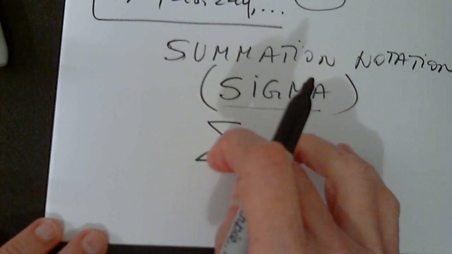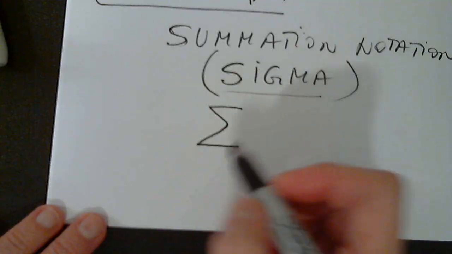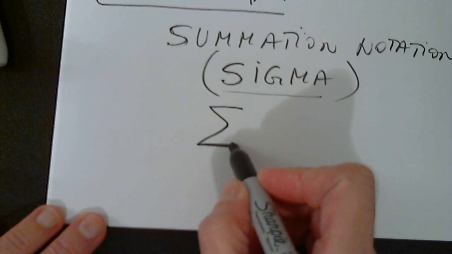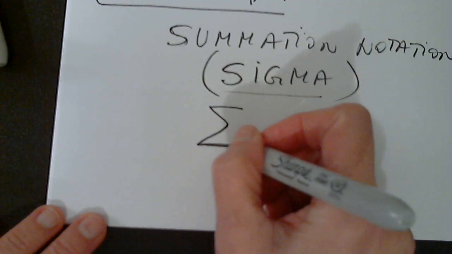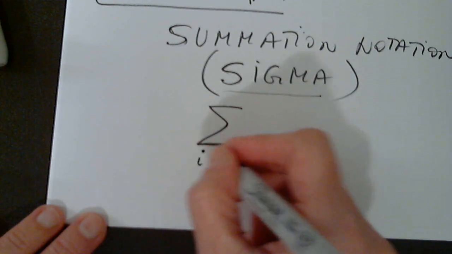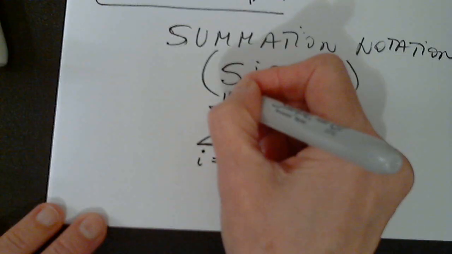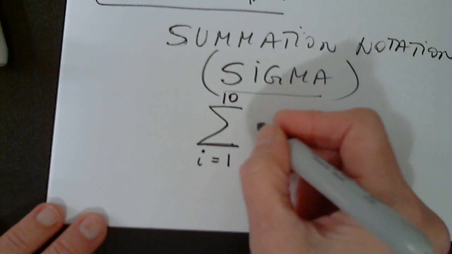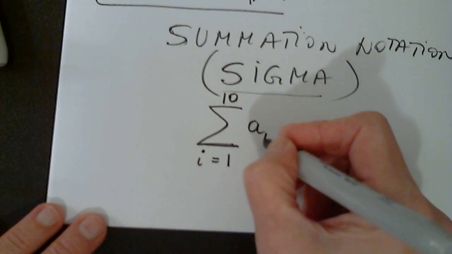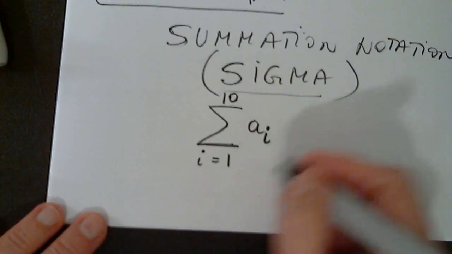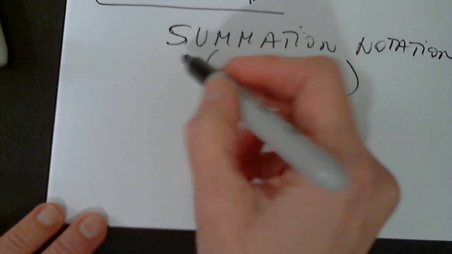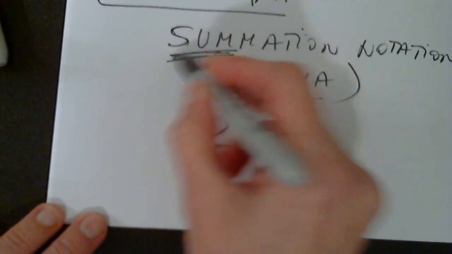Why is this convenient? Because it has a big base, and I can say from i equals 1 to 10, let's say, as an example, of a sub i. What does this mean? Remember, a sum.